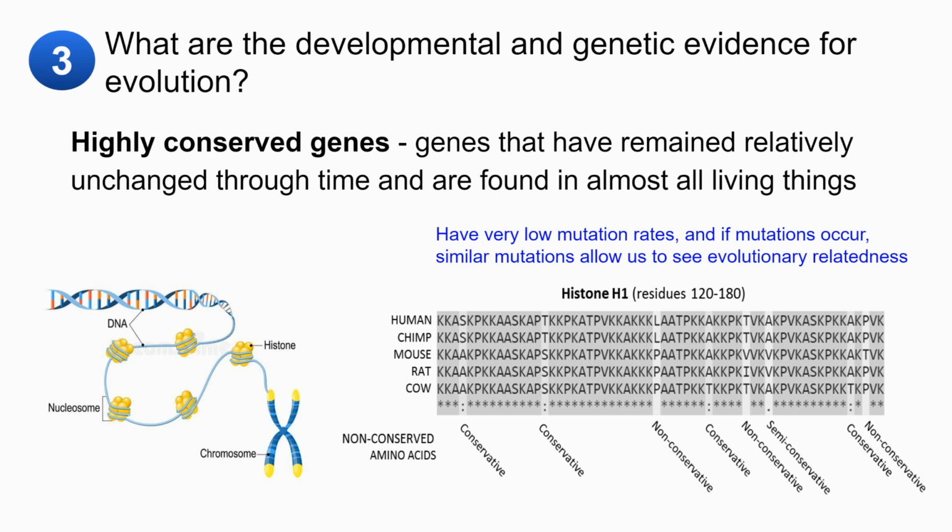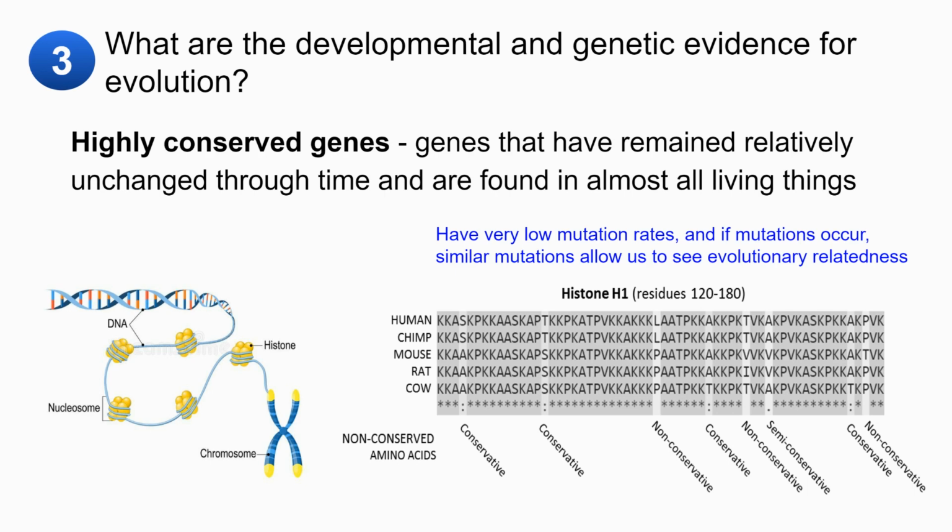Take the histone gene and protein. This protein wraps the DNA to tightly coil it, which is especially necessary to form chromosomes, that chromosome shape, during cell division. This protein is made by all eukaryotic organisms, so plants, animals, fungi, and protists make histones in their cells, and they all serve the same function, to wrap the DNA.